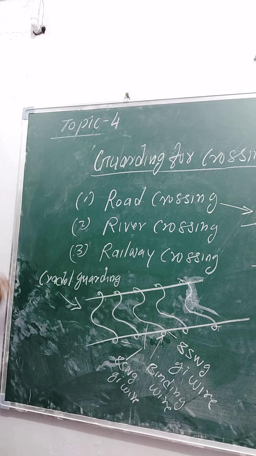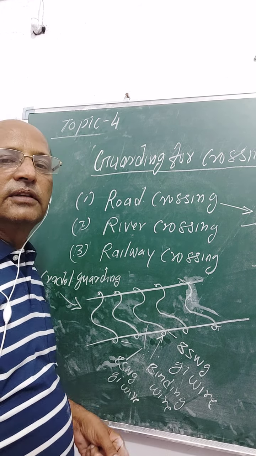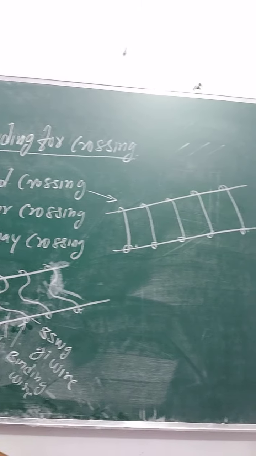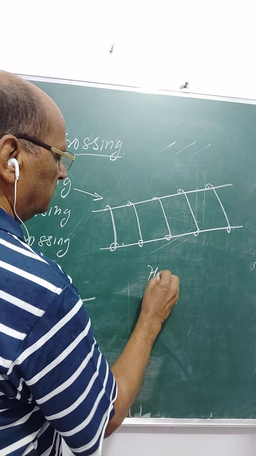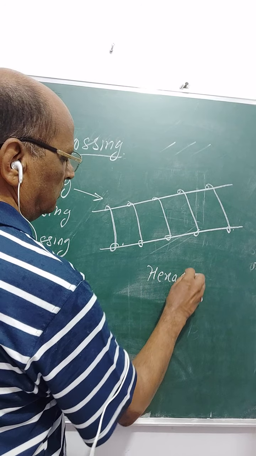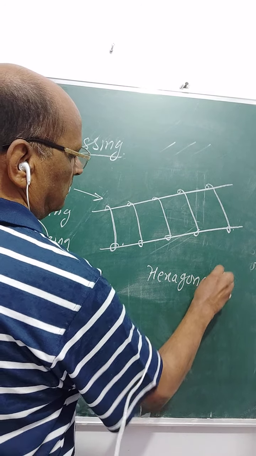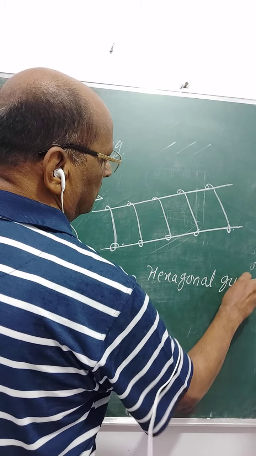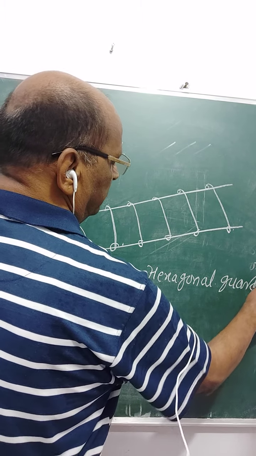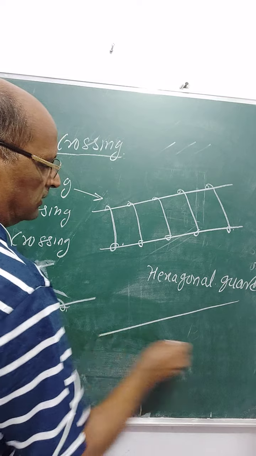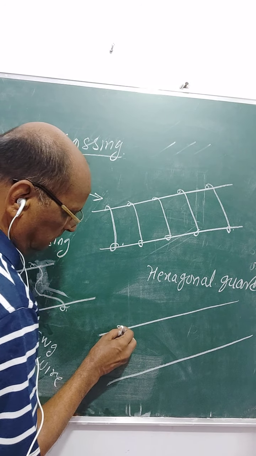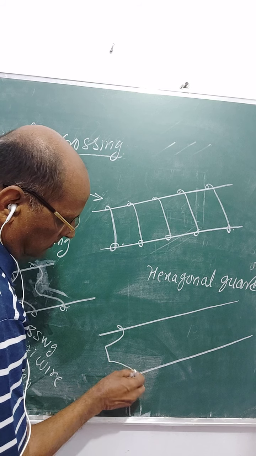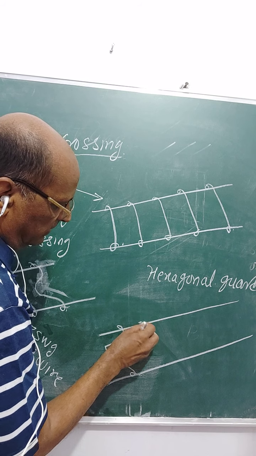This is cradle guarding. The third is used for railway crossing, that is called hexagonal guarding. Again, the same materials are used, but only the design of the middle element differs.